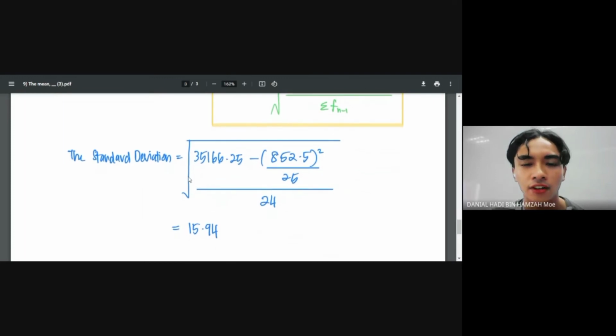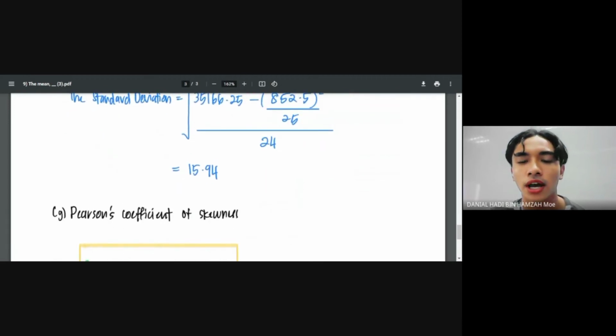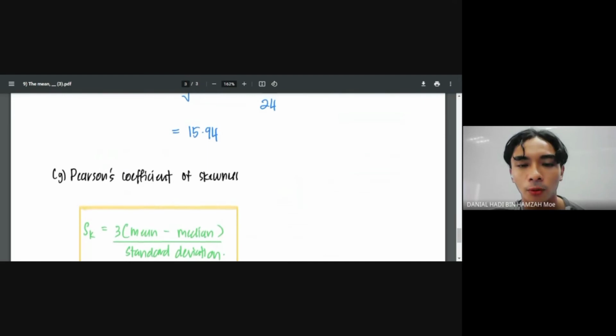So standard deviation is equal to the square root of 35,166.25 minus 852.5 squared over 25, and over 24. So we can get the value of standard deviation, which is 15.94.